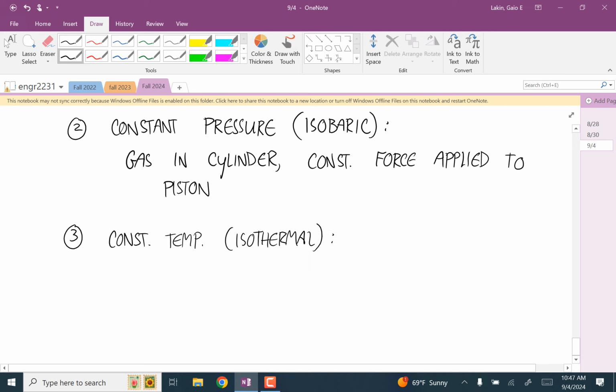And that's caused by the gas being in thermal contact with a large reservoir at a fixed temperature.